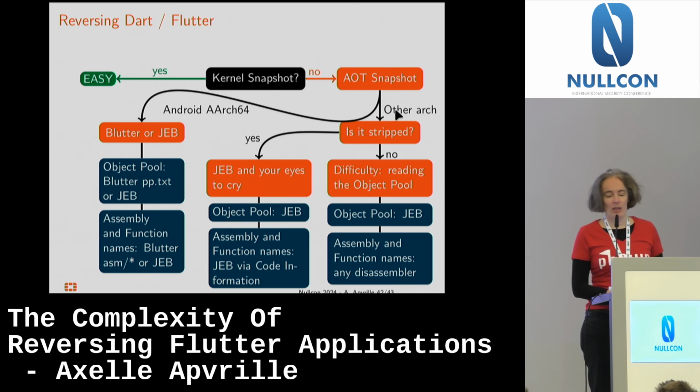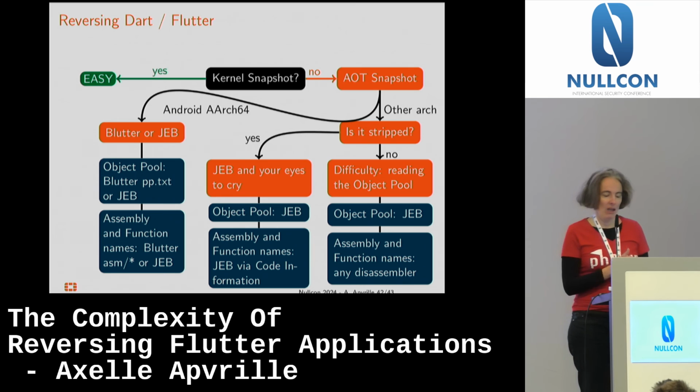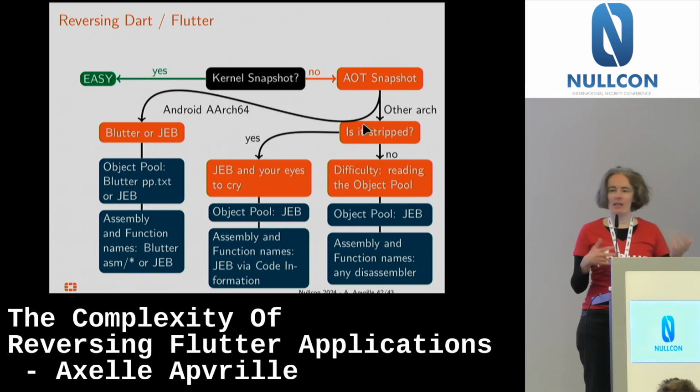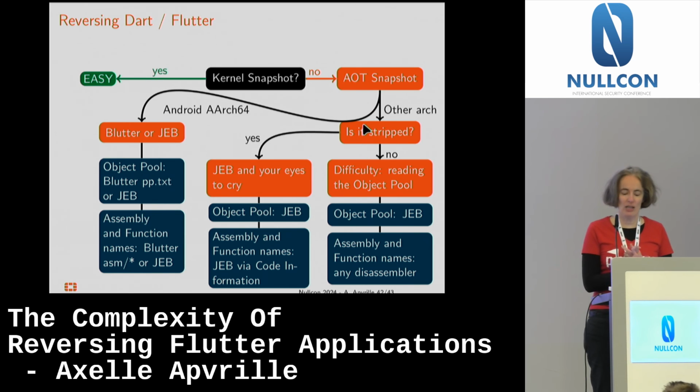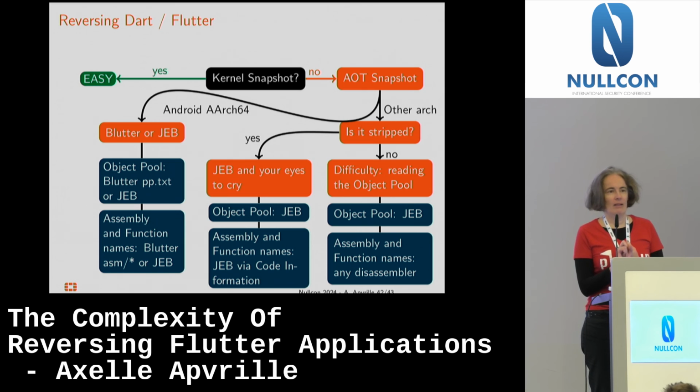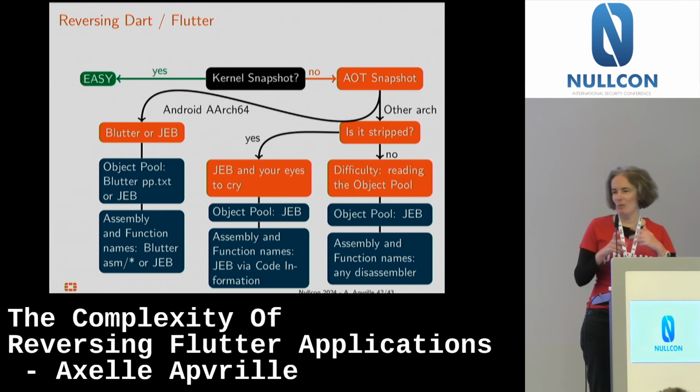If you have another architecture, well then, if you have Jeb, it's okay, because you can read the object pool. If you don't have Jeb, if it's not stripped, well, at least you will be able to recover function names, and that's about it, but it will be at least a little bit helpful. If it's stripped, you don't even have function names and you don't have strings.